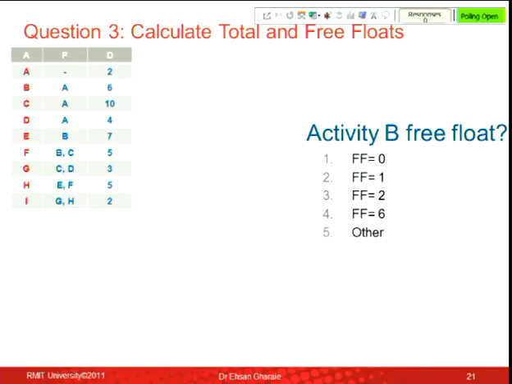And you have to do the forward pass, backward pass, and give me the answer on the free float for activity B. You say the start of the day is 1, finishes 0. Two different things.